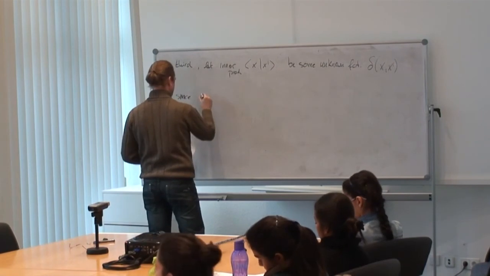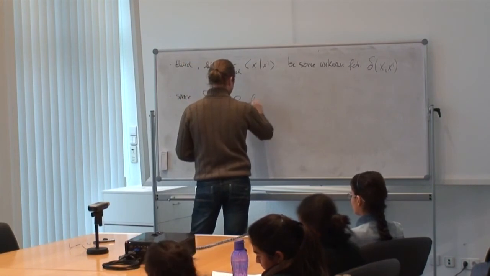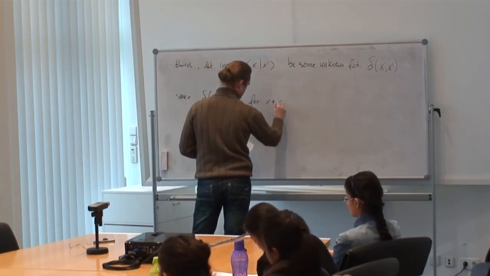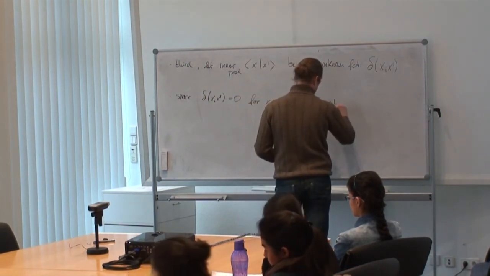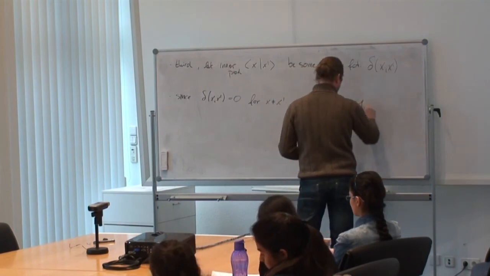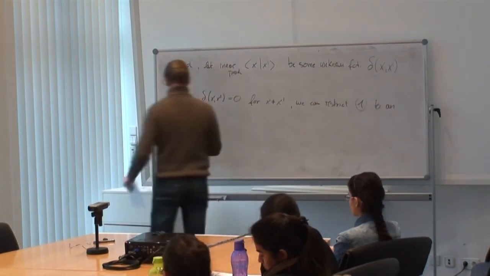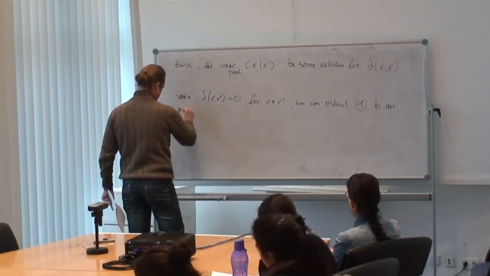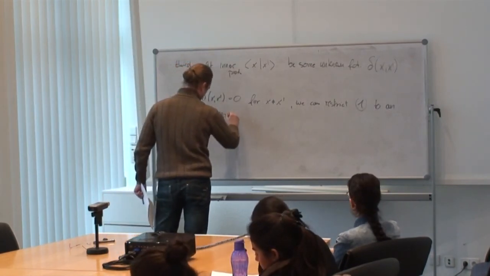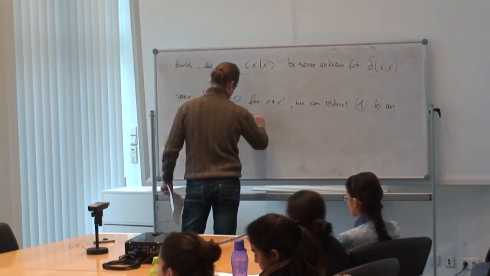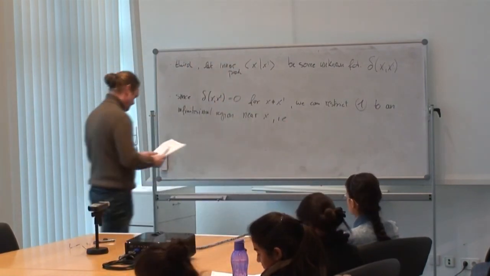Since this function delta of x and x prime is definitely 0 for x not equal to x prime, we can restrict the integral in 1 to an infinitesimal region near x. And that is just in words what I'm going to write down now.